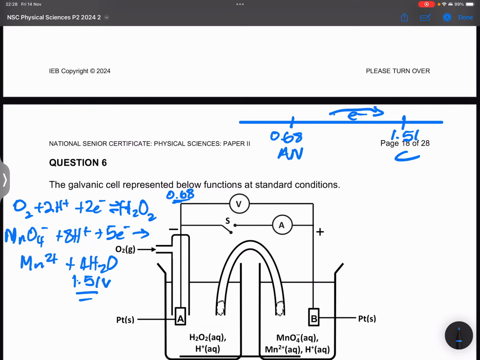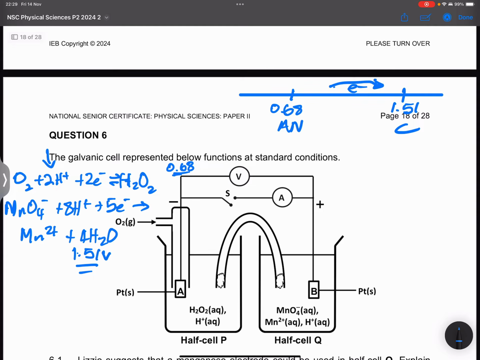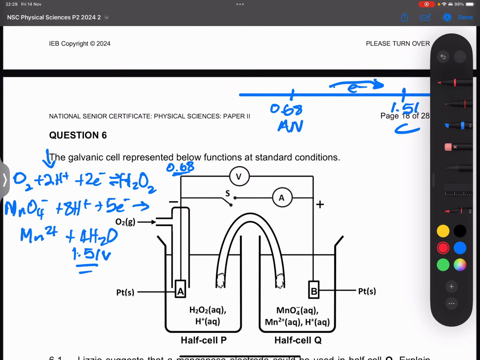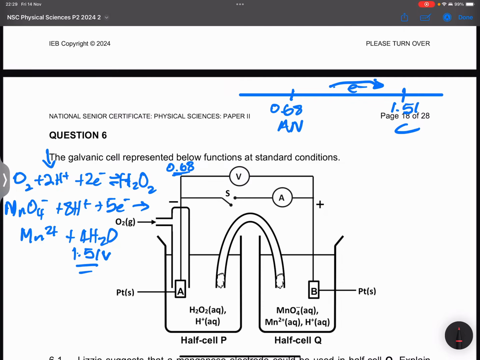Okay, so in this case, how are we going to work through this? So now I know that this one here becomes the anode, so we write it in reverse. It's always helpful to do this at first. So on the anode side, that's H2O2 becoming O2 plus 2H plus plus 2 electrons.